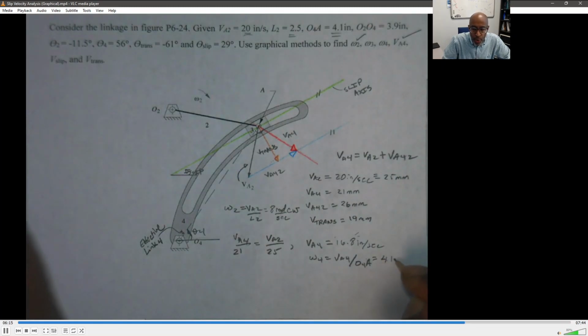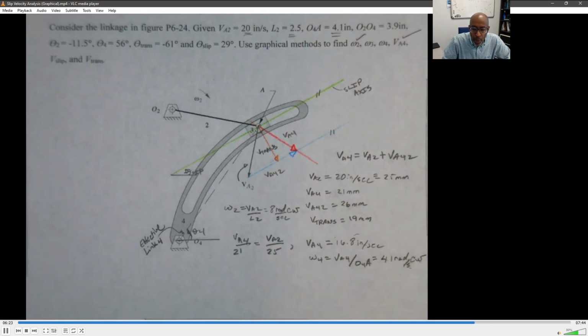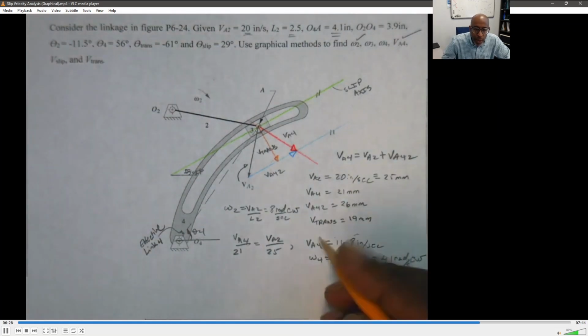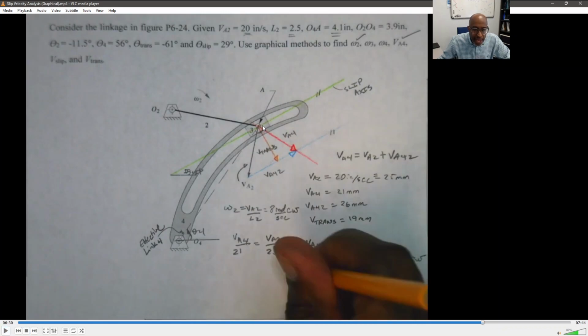So VA4, 16.8 inches per second, divided by O4A, or 4.1, gives us 4.1 radians per second. And it's also clockwise, because we have VA4 moving in this direction. That's going to cause length 4 to rotate in a clockwise direction, which means omega 4 should be clockwise, or negative.